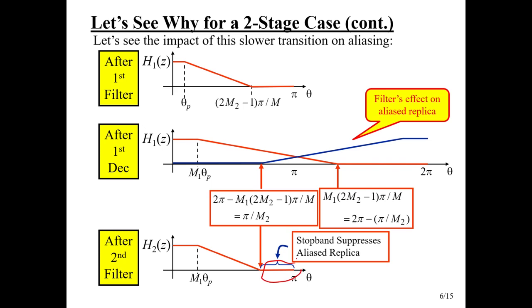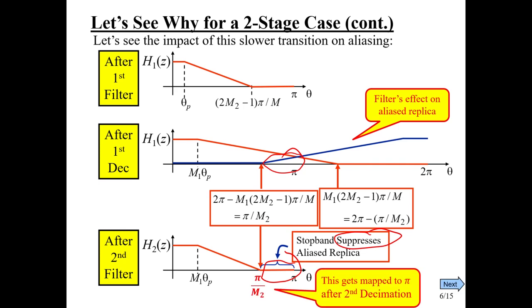This stop band will suppress that aliased replica that we had above. After our second decimation, which is by M2, that gets stretched out to pi. That's the effect of decimation.